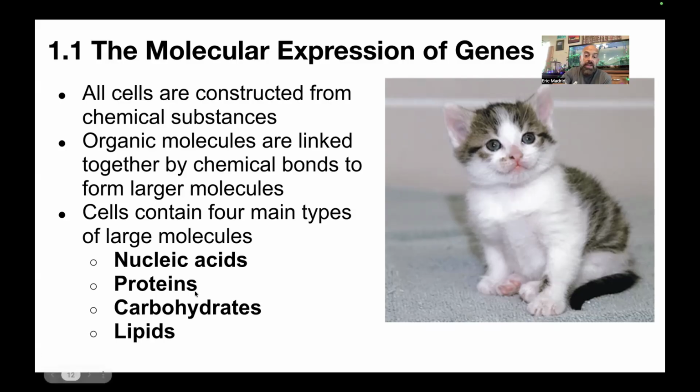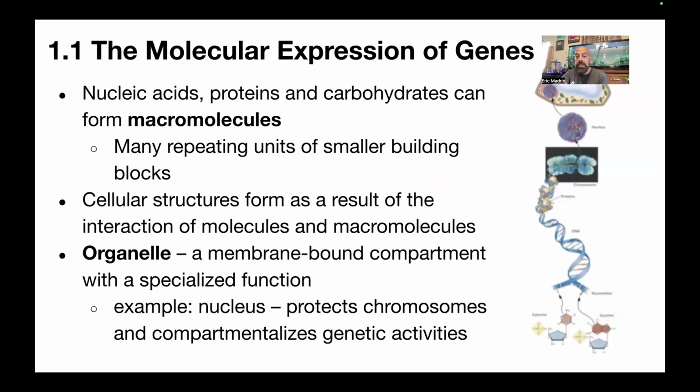Of those four, they've got different purposes. Nucleic acids are DNA and RNA. Proteins primarily are enzymes. Carbohydrates are what we can use to produce energy, sugars. And then lipids usually are used for longer term energy storage, or they are structural in that we find them inside of cell membranes. And so those are the four macromolecules that are doing something in the cell, which is then going to eventually produce a trait in an organism.